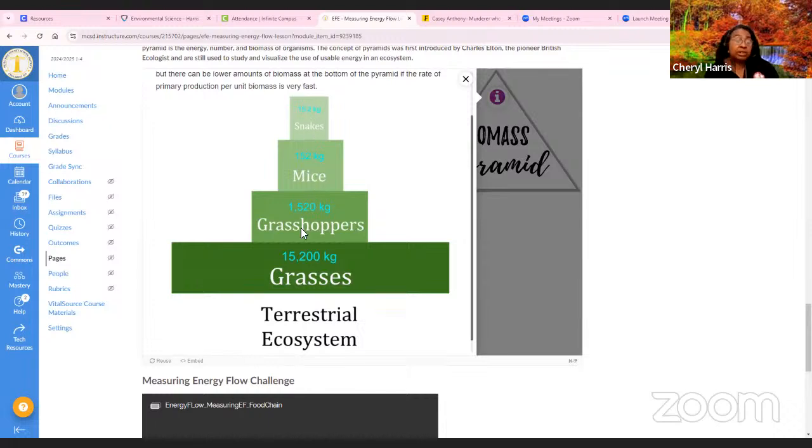But the grasshoppers will overrun because nobody's eating the grasshoppers. But if there are more grasshoppers and they feed on the grass, eventually they can eat up all the grass. So we look at the effect of taking an organism out of the pyramid or the food chain and the effect it has on everything else.